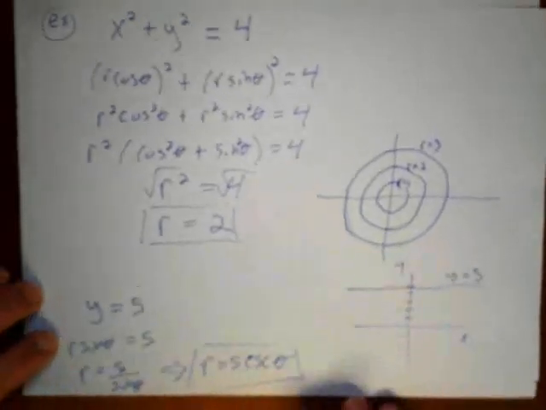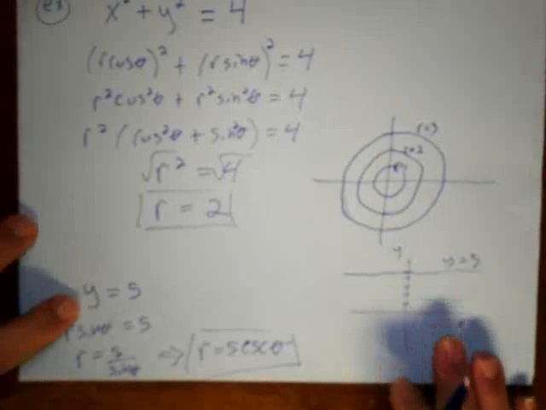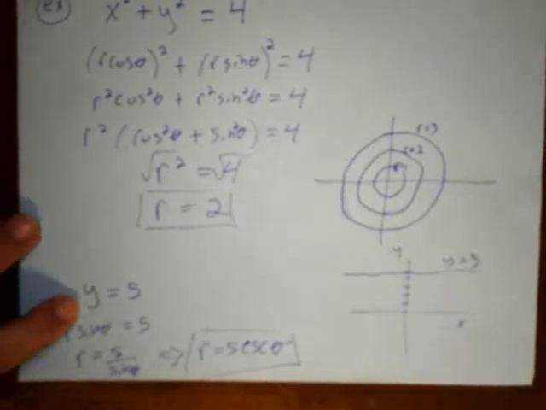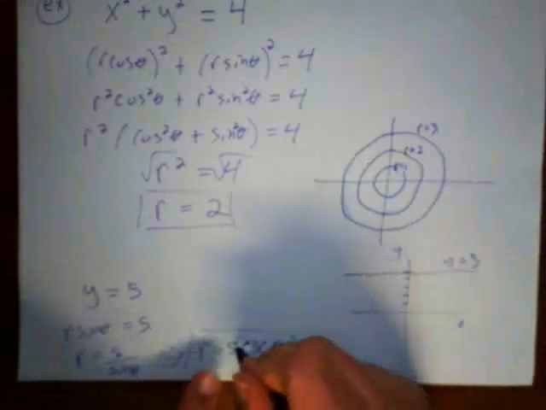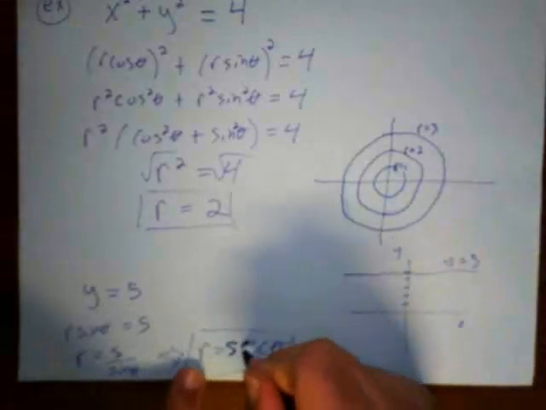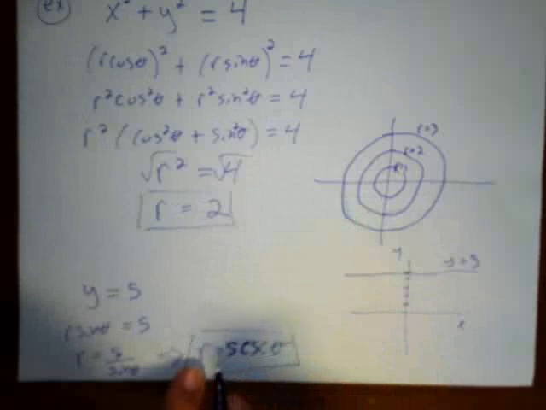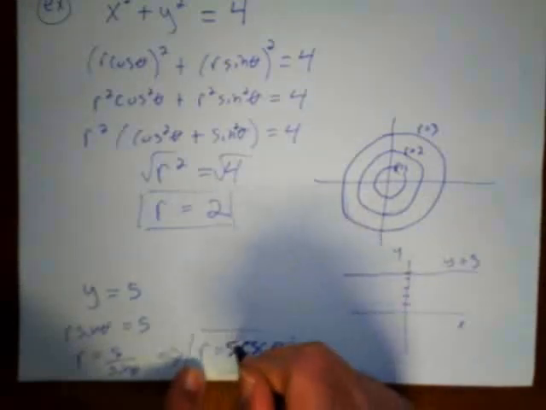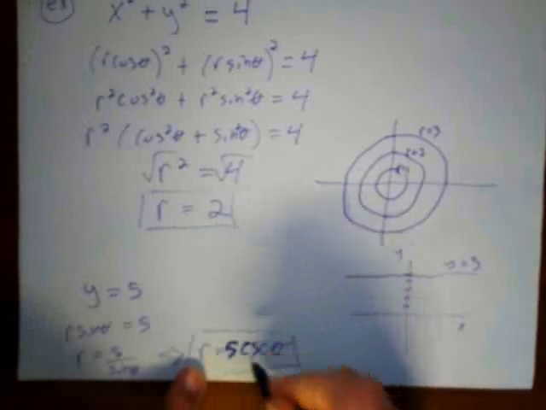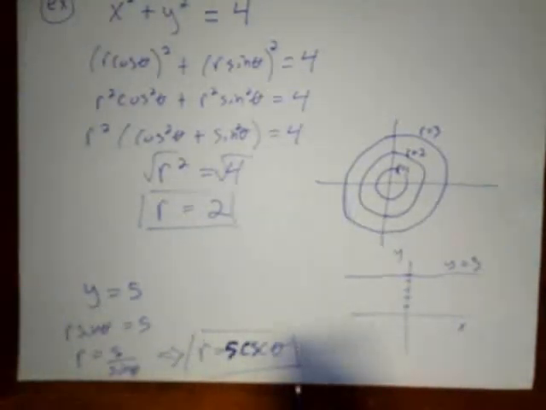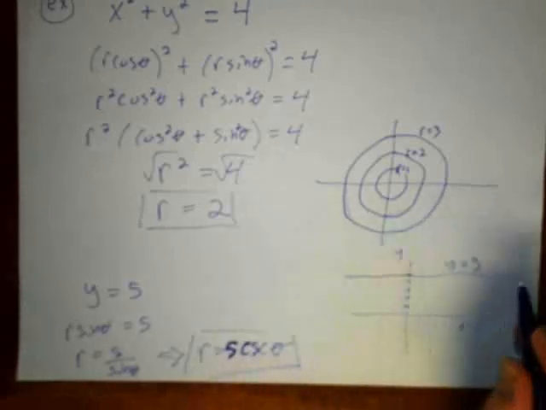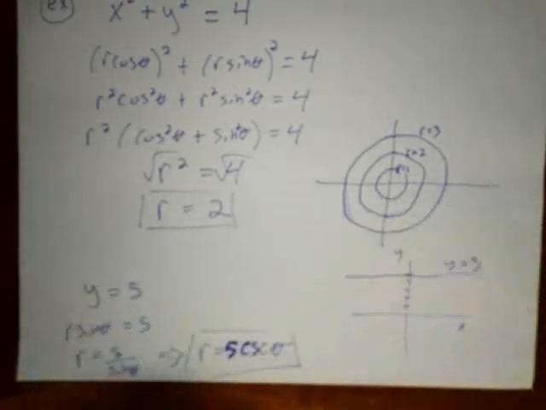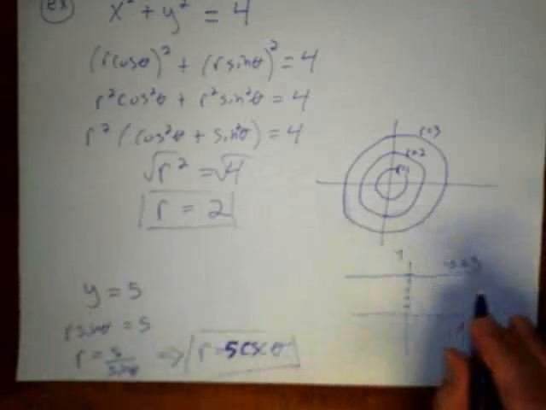So this very simple constant function for rectangular coordinates is kind of a more complicated function, right? It's r is equal to 5 times cosecant theta. And so if you graph this on the calculator, you would actually get the horizontal line, y equals 5.